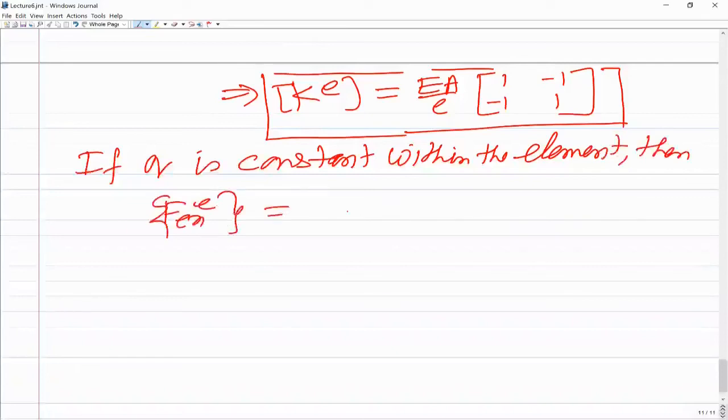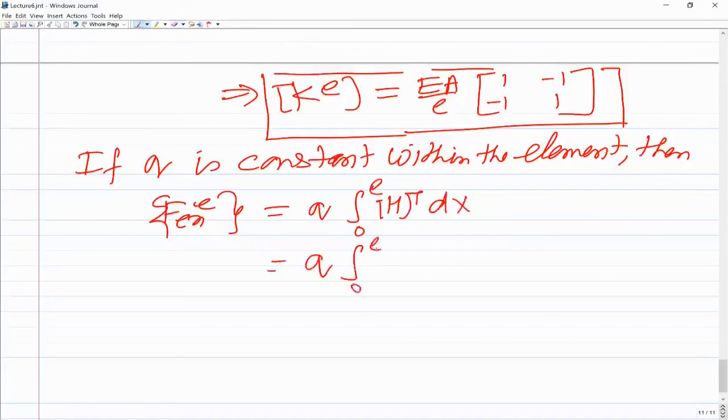So Q is independent of capital X, so it can be taken out of the integration sign. So integral 0 to L, you will have H transpose into dx. So this can be written as Q integral 0 to L, and then H is nothing but N1 N2, a row vector, its transpose would become a column, so we will have N1 and N2 dx.